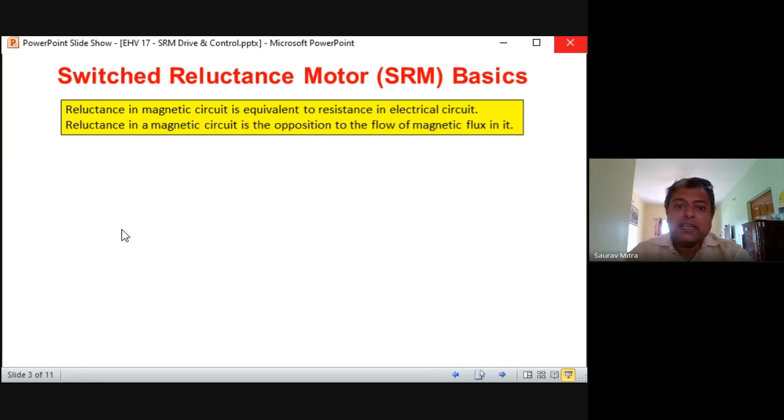In the case of magnetic, it is also the same thing. If the flux lines flow through a ferromagnetic substance, meaning iron, cobalt, nickel, all those things, then the reluctance will be less. So reluctance will be less when the flux is flowing through ferromagnetic substances, and reluctance will be more if the flux lines are flowing through the air.